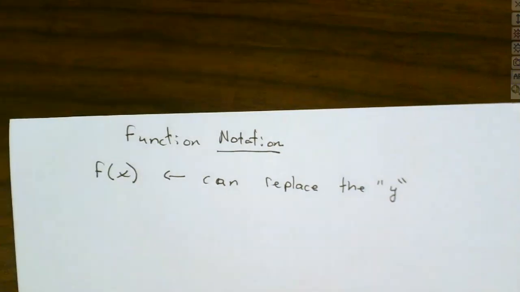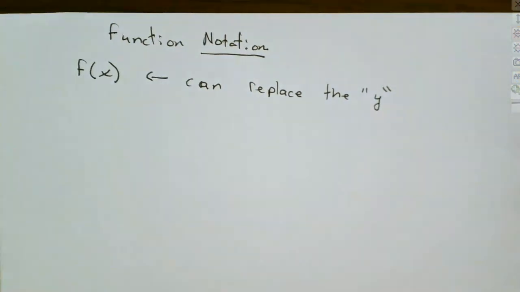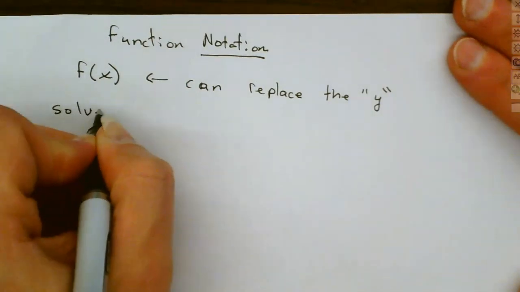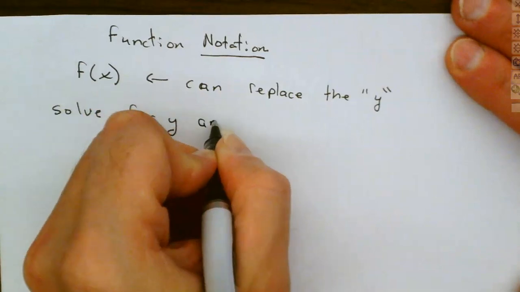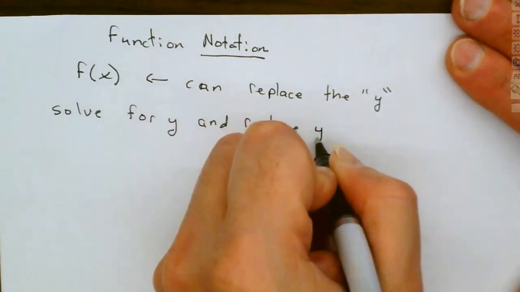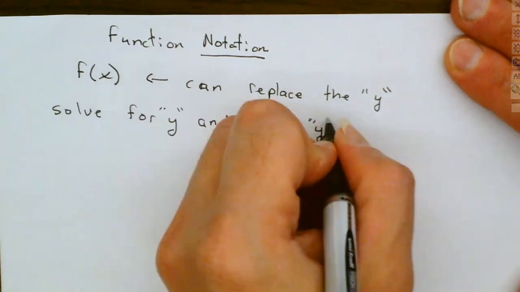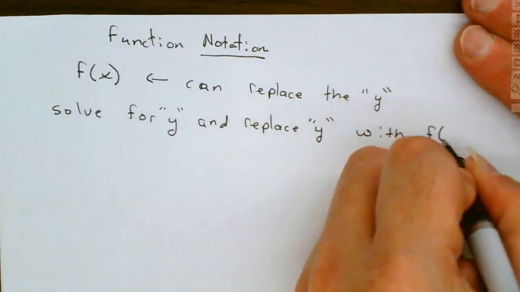So now we're going to look at a couple of these where we're going to use function notation. So here's going to be the directions. I'm going to have you solve for y and replace y with the function notation f of x.